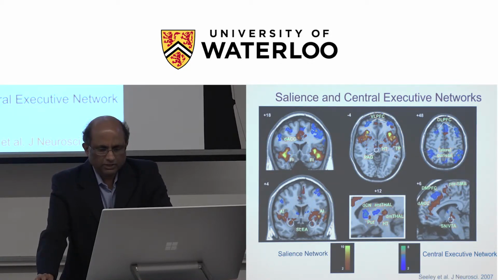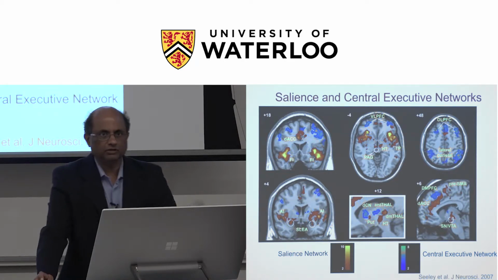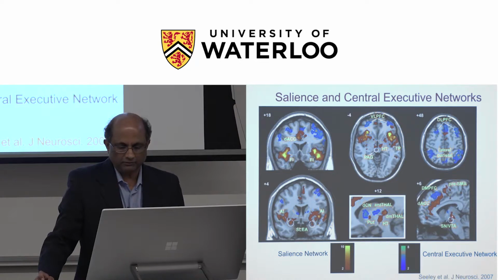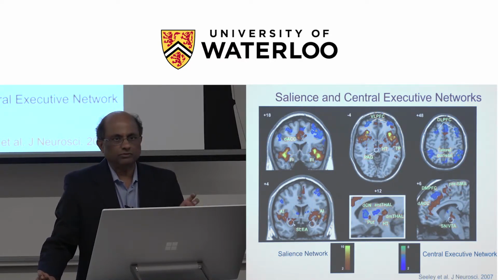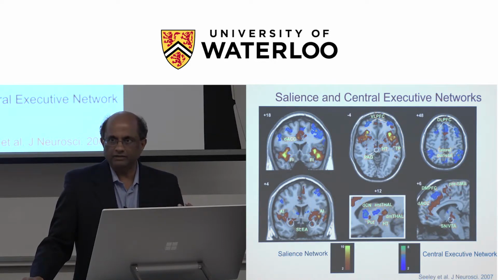The other thing I want to highlight in terms of this so-called salience network is two important subcortical anchorings. One is the ventral tegmental area, and the other is the amygdala, two subcortical nodes that are involved in processing biological value and valence, particularly for negatively valent stimuli, and reward-based signaling.